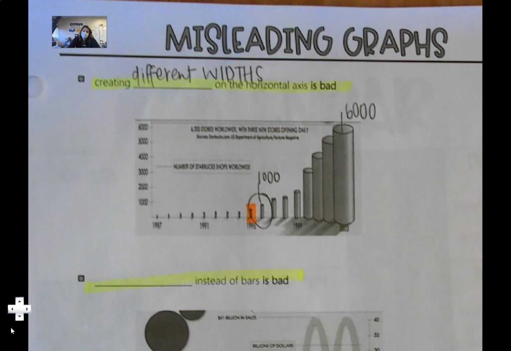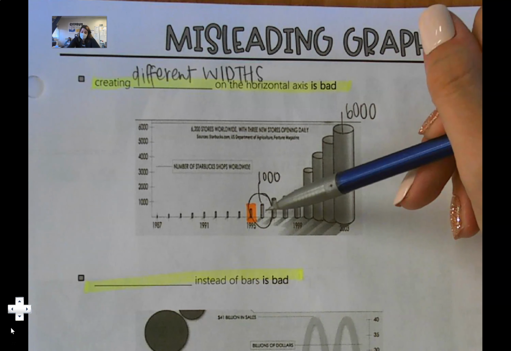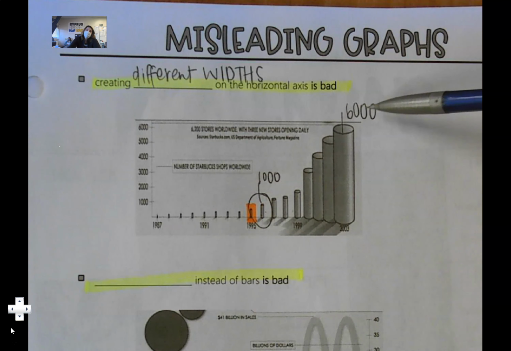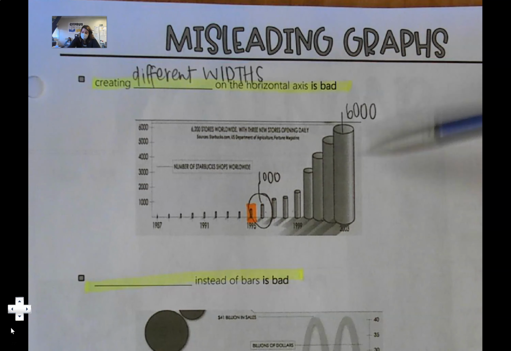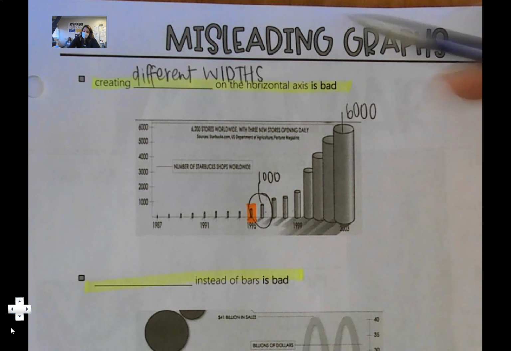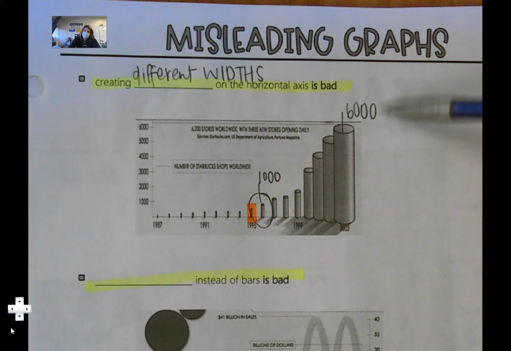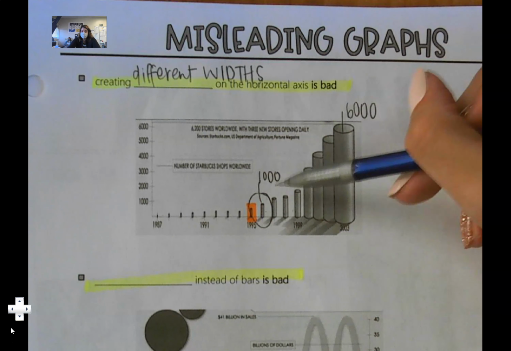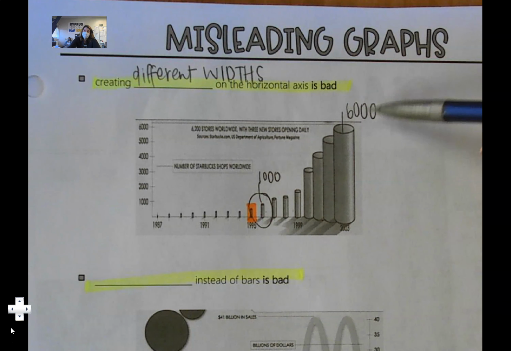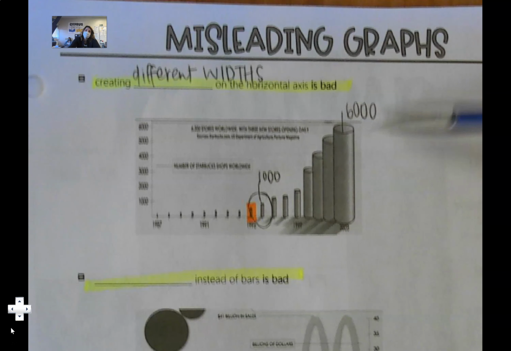Roughly 6,000. So in 1996, 1,000. In 2003, 6,000. How many times bigger is it here? 6. So if we times 1,000 by 6, you would get 6,000.